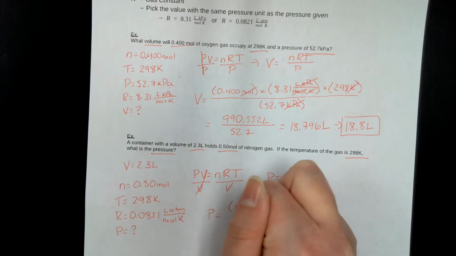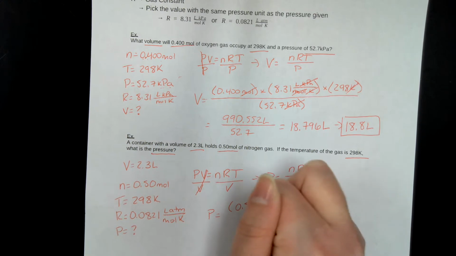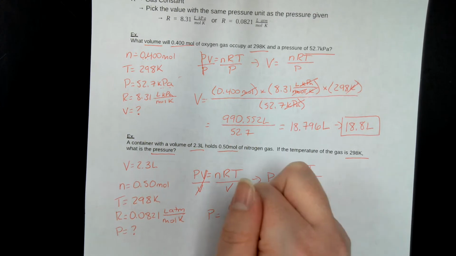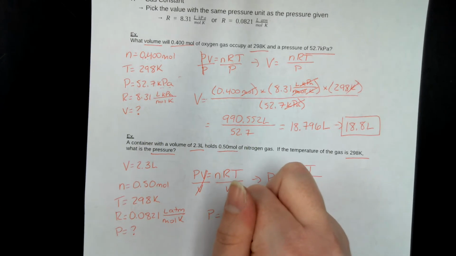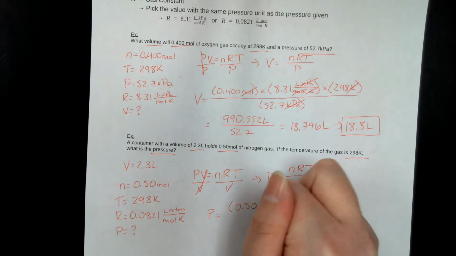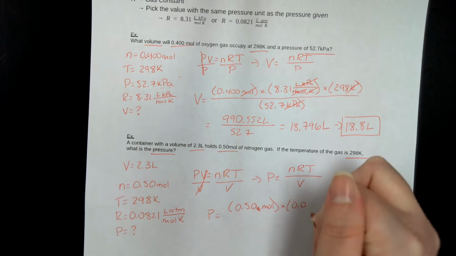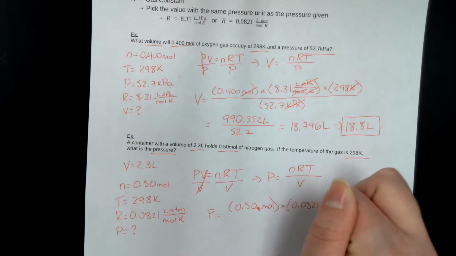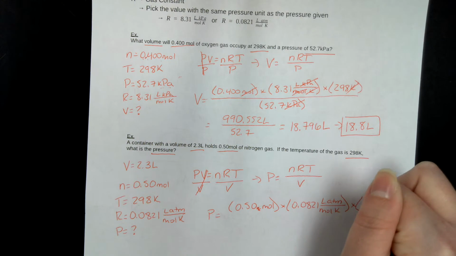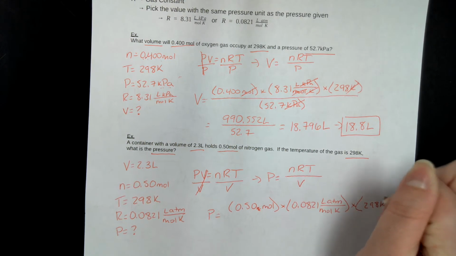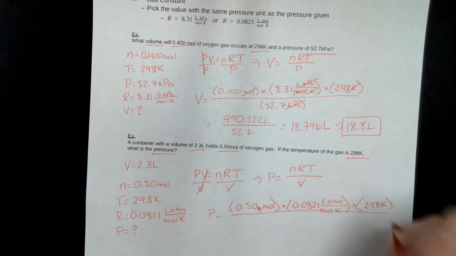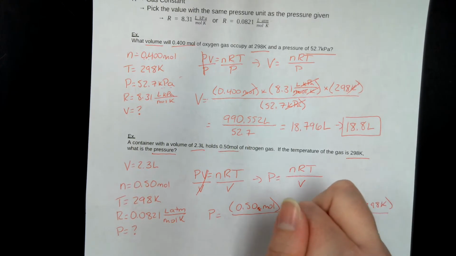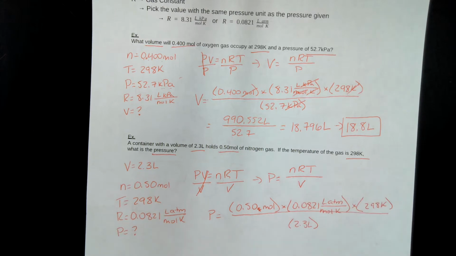N, 0.50 moles, times the R we picked this time, 0.0821 liters atmospheres over moles Kelvin, times the temperature, 298 Kelvin, divided by the volume, 2.3 liters.